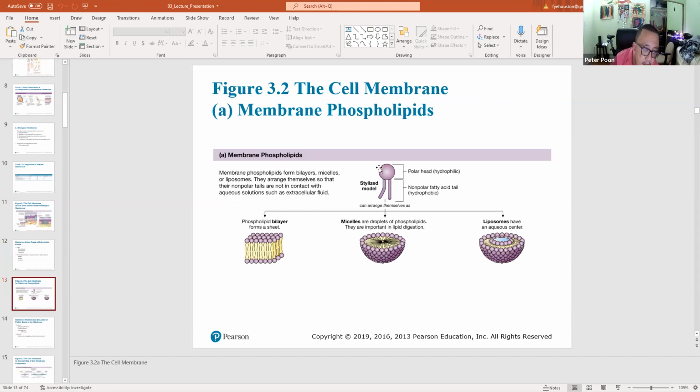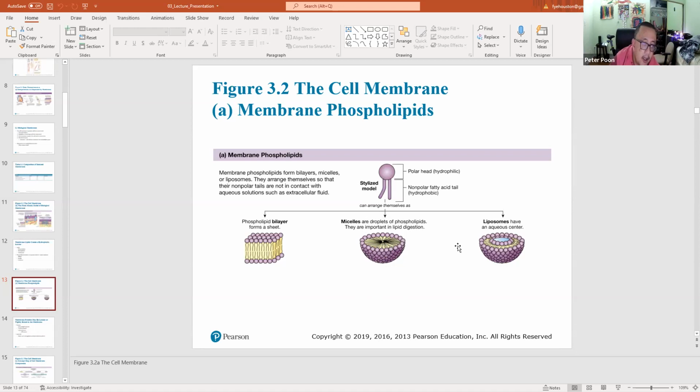If you put these together, they can form a couple of different structures depending on how much there is. If you just have a little bit of this together, then this is your most stable formation. This little ball where all the hydrophobic things are on the outside. Sorry, all the hydrophobic things are on the inside. All the hydrophilic things are on the outside. And these are little micelles.